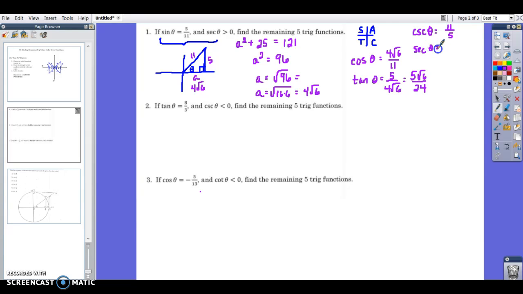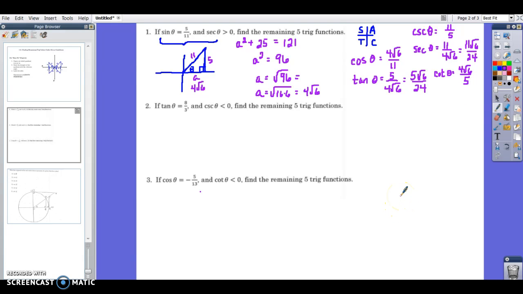Secant of theta is going to flip cosine, so that would be 11 over 4 root 6. So when I simplify that, I get 11 root 6 over 24. And then cotangent of theta is going to flip tangent, so it would be 4 root 6 over 5.